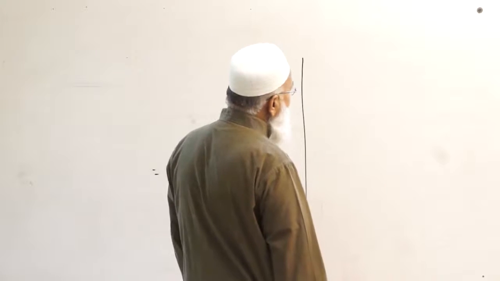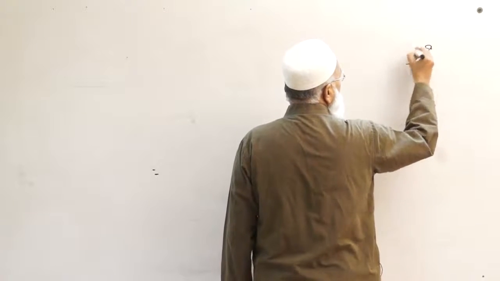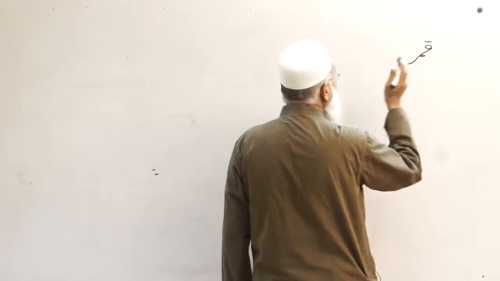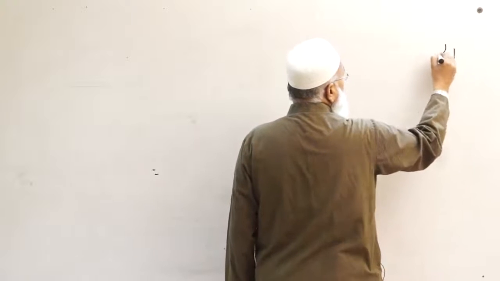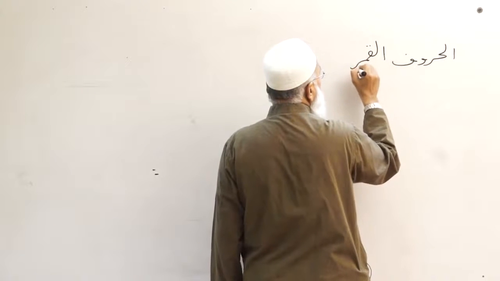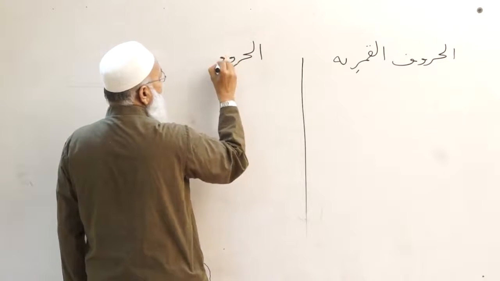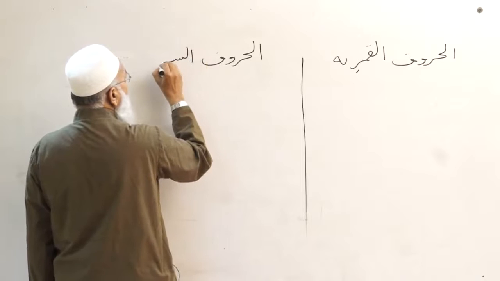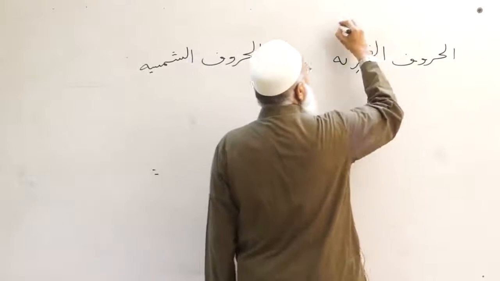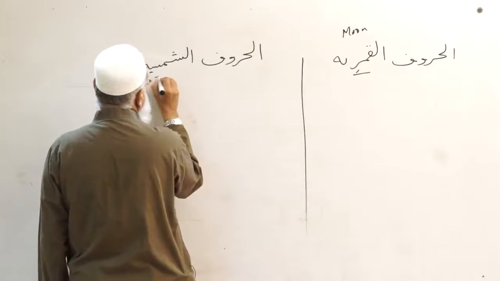The Arabic alphabets have been divided into the Shamsi huruf and the Qamari huruf, or in Arabic you can say Al-Huruf al-Qamariya and Al-Huruf al-Shamsiya. Qamar means moon and Shams means sun.